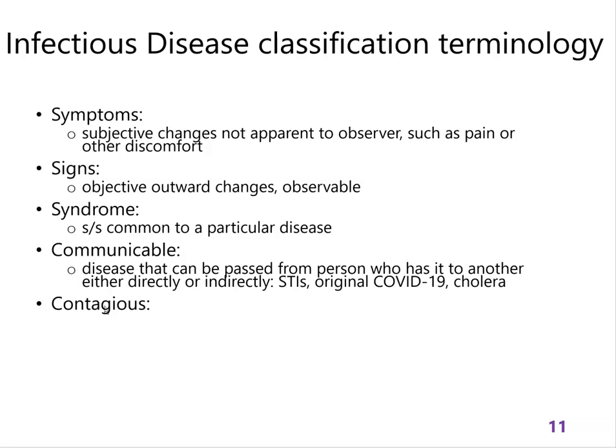Measles is often given as an example of a very contagious disease. And the Omicron variant of the SARS-CoV-2 virus is a contagious disease. That one spreads almost as easily as measles, or equally to measles. But any of the strains of COVID-19 were caused by communicable viruses that spread from person to person.